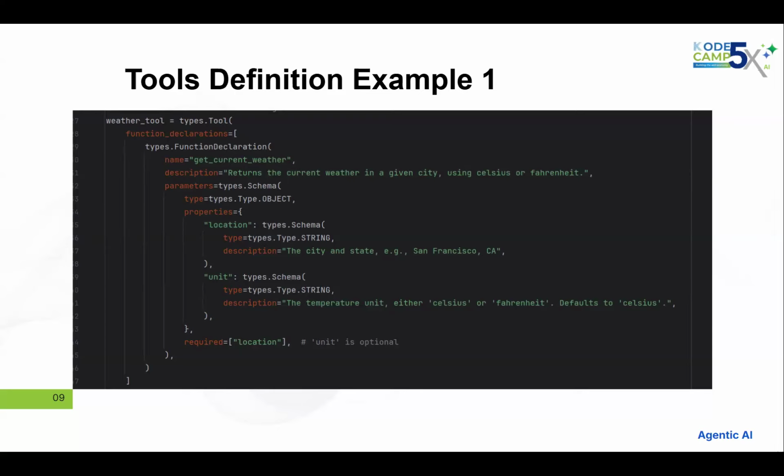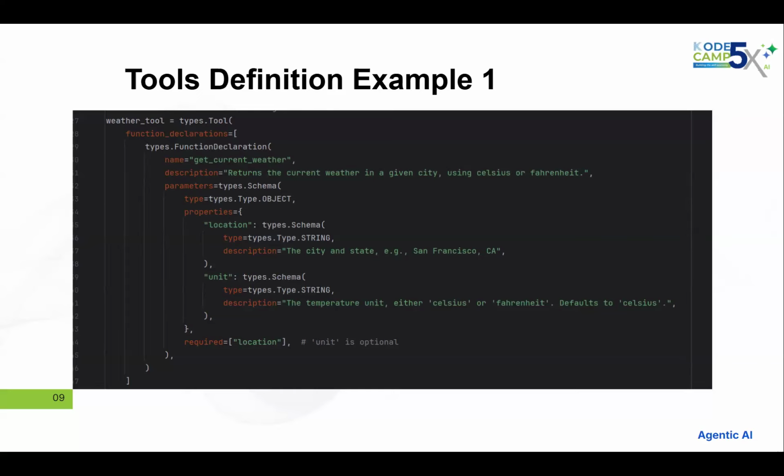So notice that this also specifies that location is required, implying that unit is optional. So the key takeaway here is that to define a function, you need to specify its name.